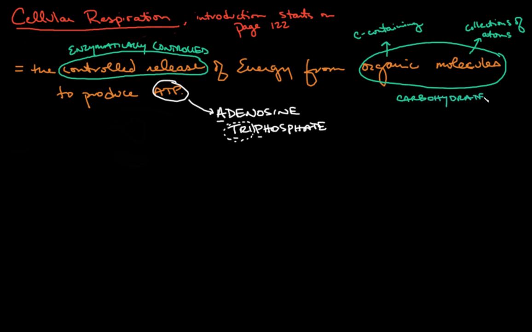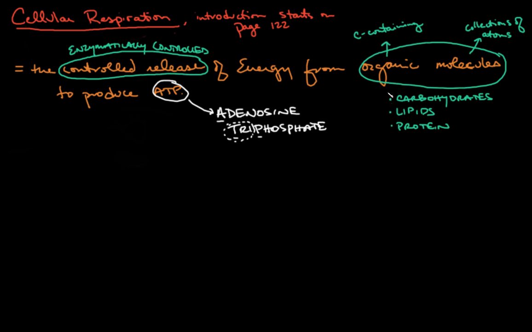We're about to dive into this a little bit more. Carbohydrates, lipids, and protein. Alright, so this is about releasing energy from these molecules and harnessing them to make ATP. And ATP is a usable form of energy that your cells and all living things need and depend on.